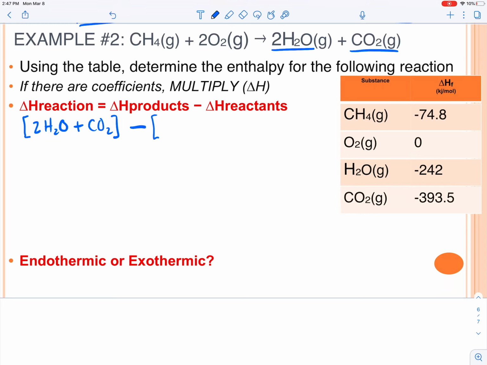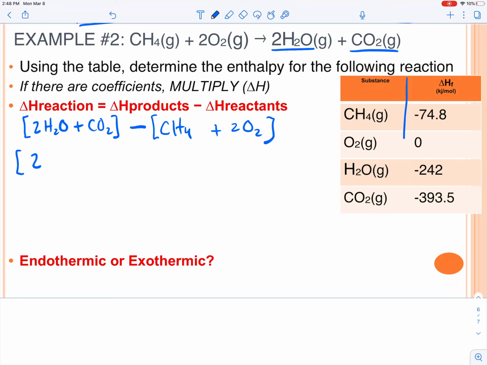CH4, I have 1 of those. And I've got two oxygens here. Oops, sorry. I meant to put CH4 here. Next, we're going to plug in our numbers. So I have two waters.